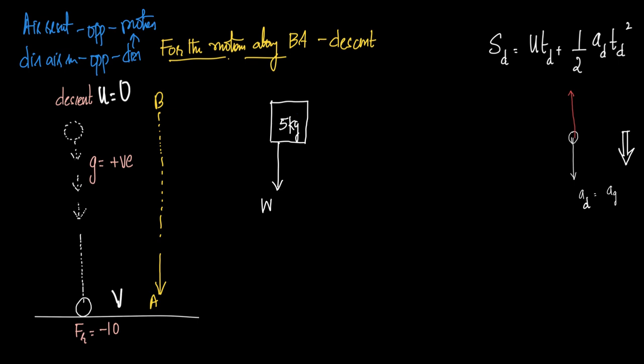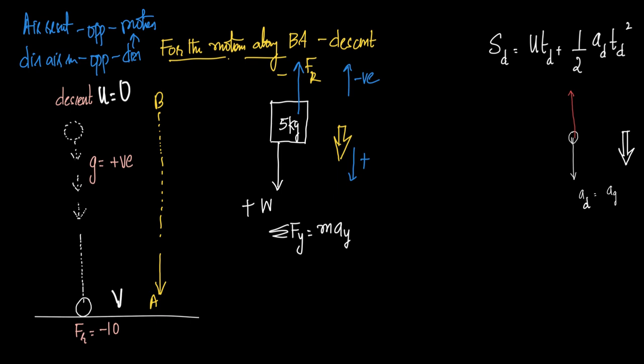Now, applying Newton's law of motion, we can say that sigma Fy is equal to m into Ay. What is sigma Fy? The net direction of motion is towards downwards. Therefore, all those forces acting downwards would be taken as positive, and all those acting upwards would be taken as negative, which means W will be positive here and Fr would be negative here.